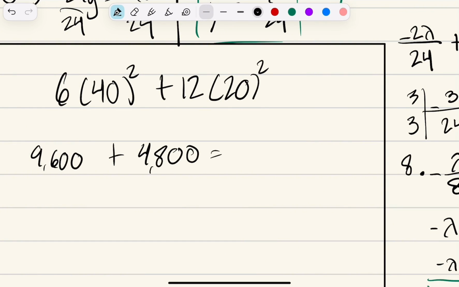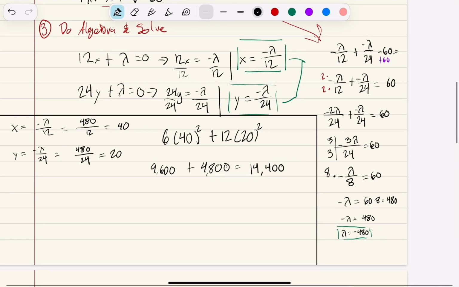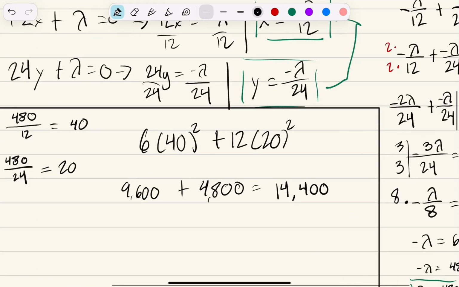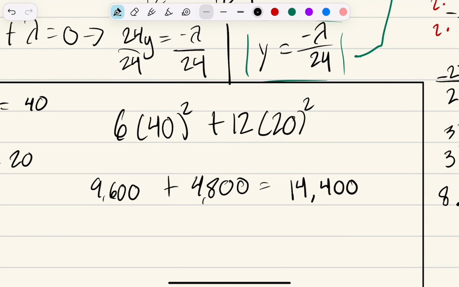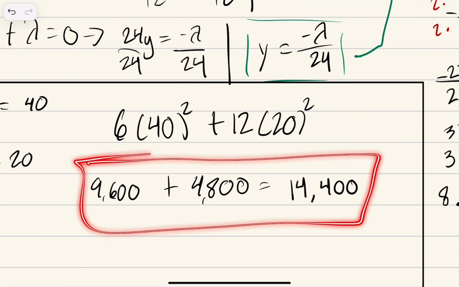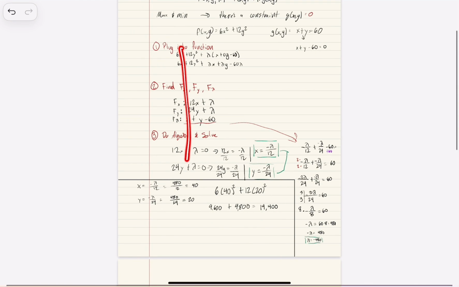Add those together. Boom. And we have 14,400. Yeah. And then, so that's how we end up breaking it down.